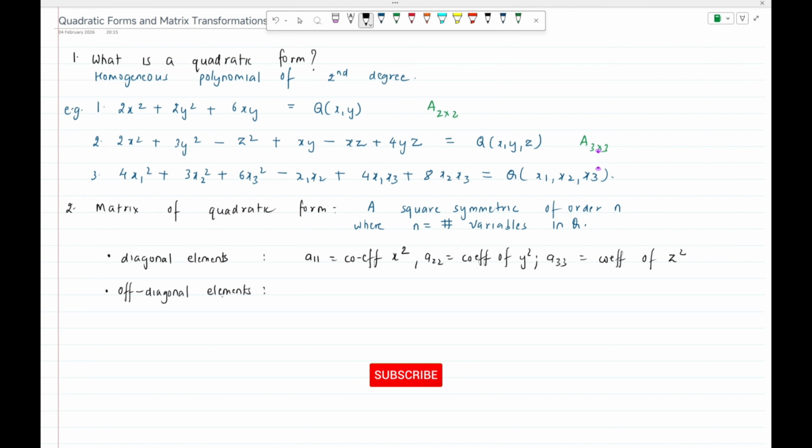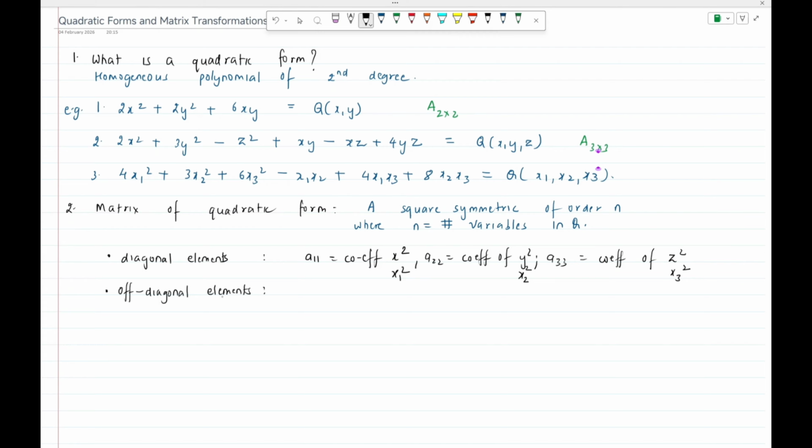Now, in case the variables in the quadratic forms used is x1, x2 and x3, then a11 is going to be the coefficient of x1 square, a22 will be the coefficient of x2 square, while a33 is going to be the coefficient of x3 square.